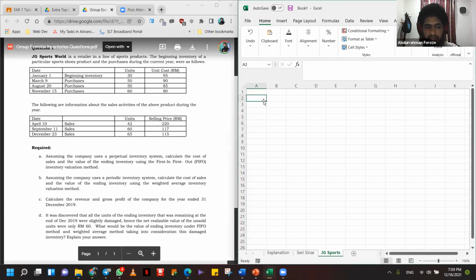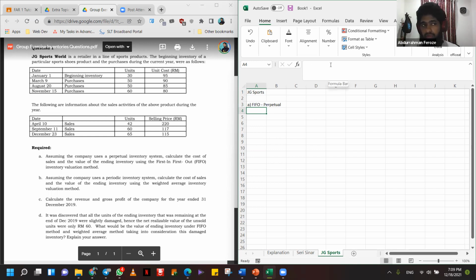Okay, so part A, JG Sports. Part A is FIFO. There's a difference in FIFO when using the perpetual inventory system and when using the periodic inventory system. That's very important. When you see the question, first of all, you have to understand whether they're asking you to account for the inventory using the perpetual inventory system or the periodic inventory system.